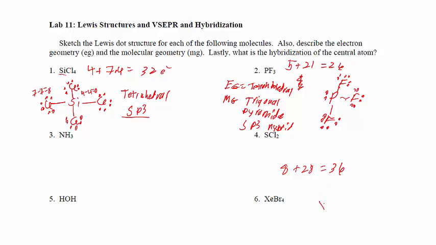(36 electrons). Xenon has to be the central atom. And then you have 2, 4, 6, 8, 10, 12, 14, 16, 18, 20, 22, 24, 26, 28, 30, 32, and I've got everything with an octet, and I still have 4 electrons more to go, so I have to put those 2 electrons here on the xenon.